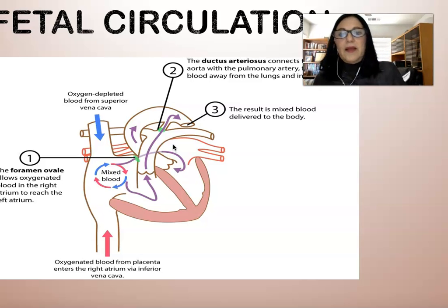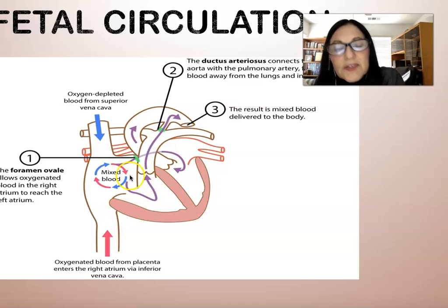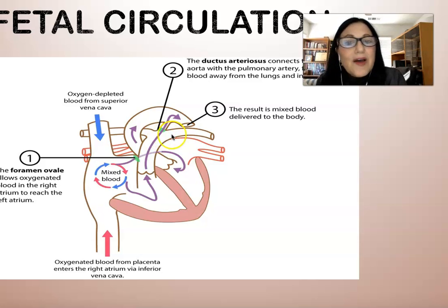And from there, we're going to see that we do have some blood in the right ventricle. Well, that blood is going to move into the pulmonary trunk. So what happens to that blood? That blood is not going to move into the lungs. Too much resistance. So where does it go?